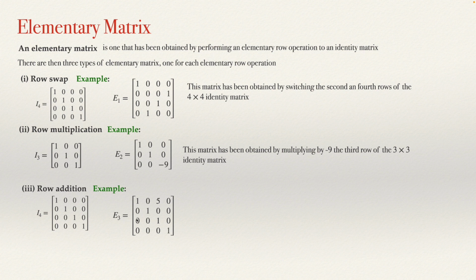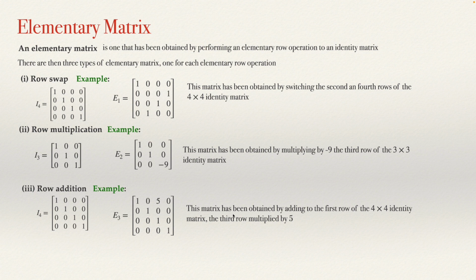You see that? If you multiply row 3 by 5 and add it to the first row, we're going to obtain a matrix like this. So the first row has been substituted by itself plus 5 times R3. It means this matrix is an elementary matrix because it has been obtained by adding to the first row of the 4 by 4 identity matrix the third row multiplied by 5.